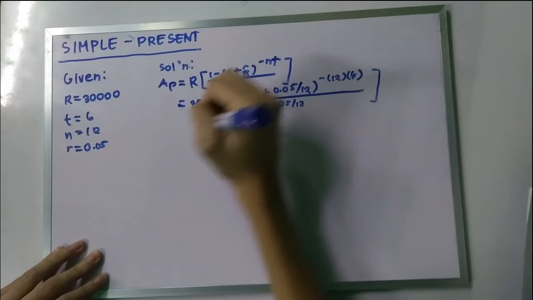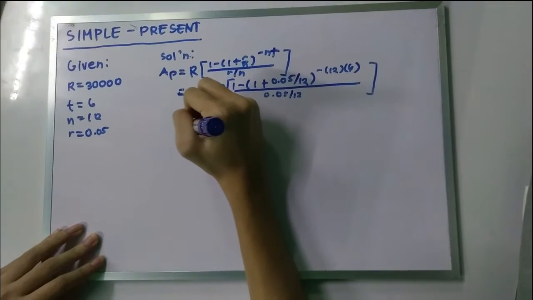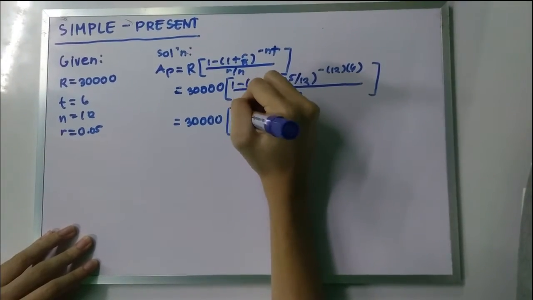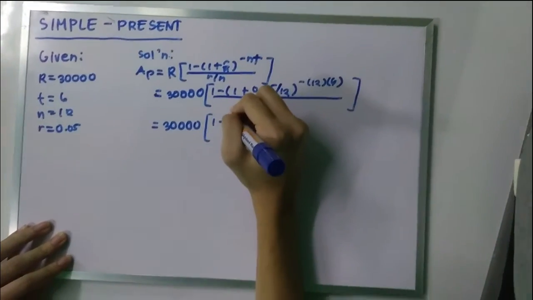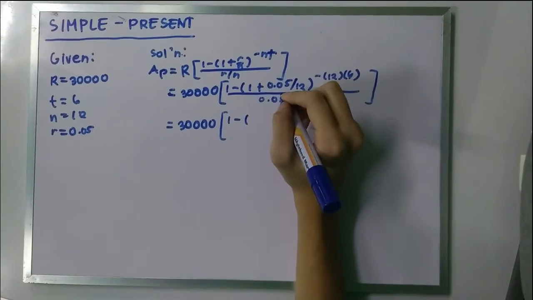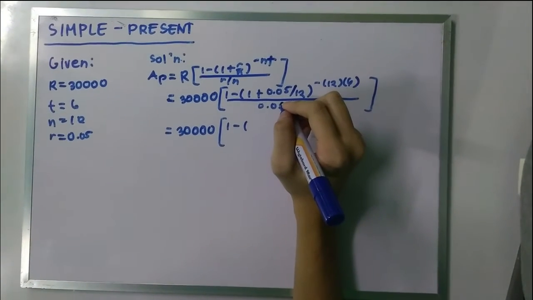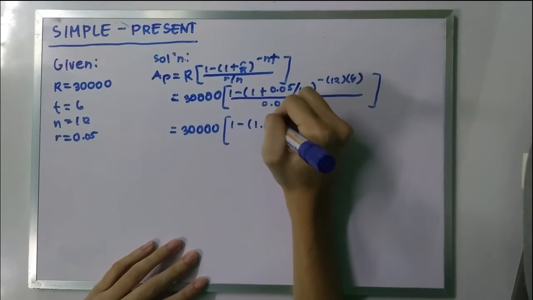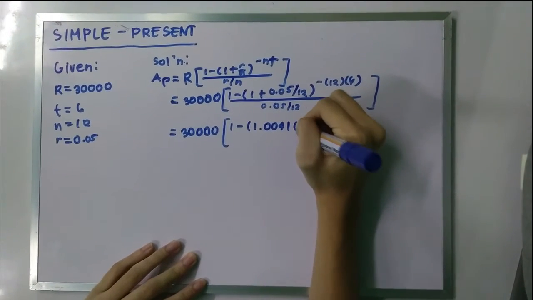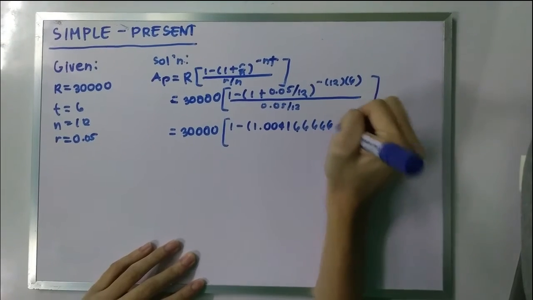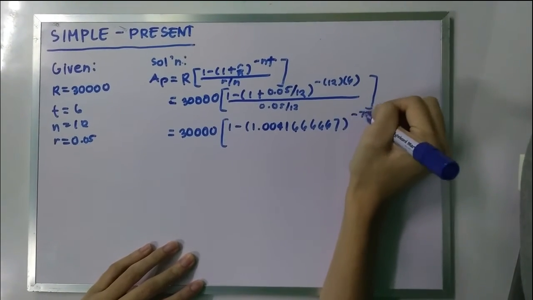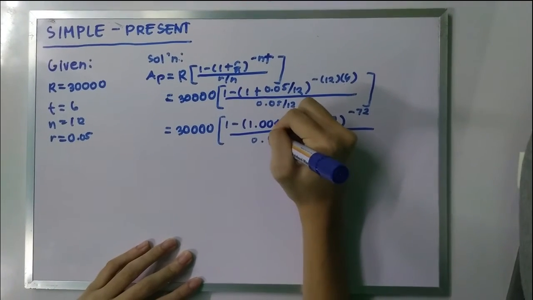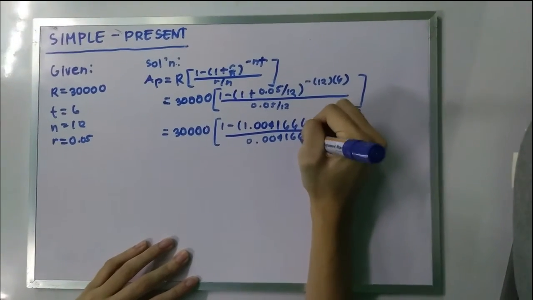We will solve the R over N first. 0.05 over 12 is 0.0041666667 and add that to 1. Then we have 1.0041666667. The number to the power of negative 12 times 6, which is negative 72.